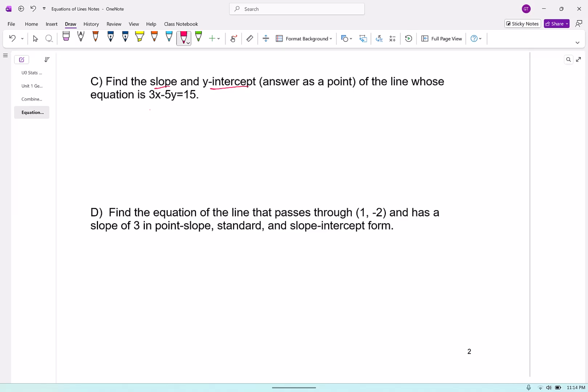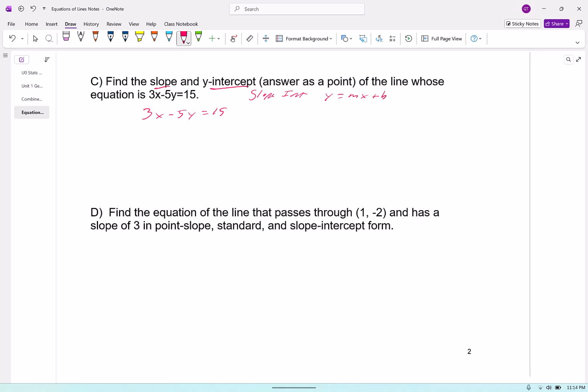So remember, slope intercept is y equals mx plus b. I'm going to take my 3x minus 5y equals 15 and rearrange it for y.